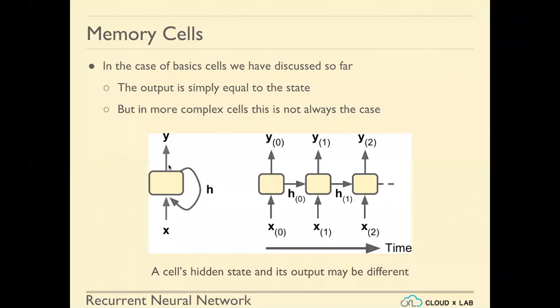In terms of representation, the output of this is called y, and the one that we are feeding back is called h. In the case of basic cells we have discussed so far, the output is simply equal to the state, but in more complex cells this is not always the case. In some cases h could be different from y.